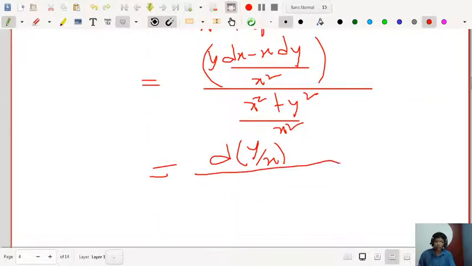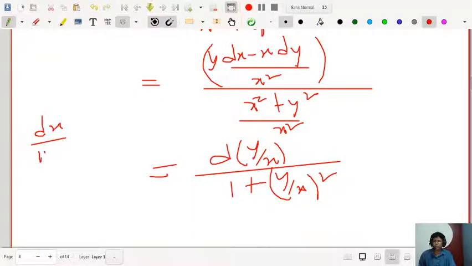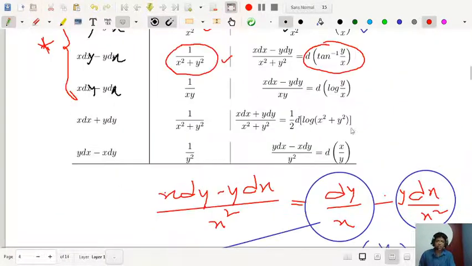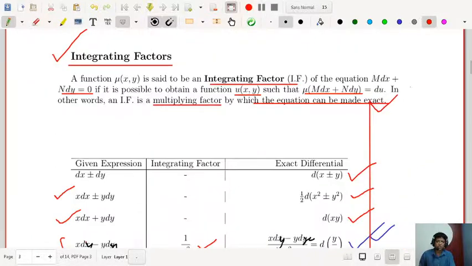So this can be written as d of y by x over 1 plus y by x whole square. What is the integration of this? This is nothing but d of tan inverse y by x. That is how you can write this expression in this form.